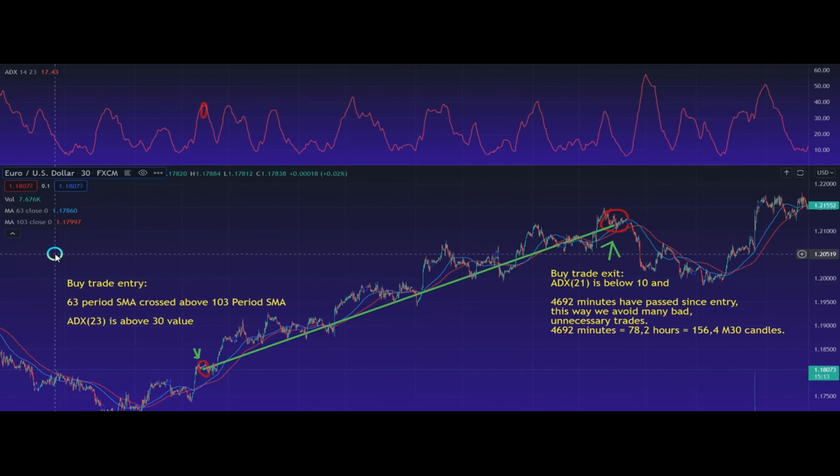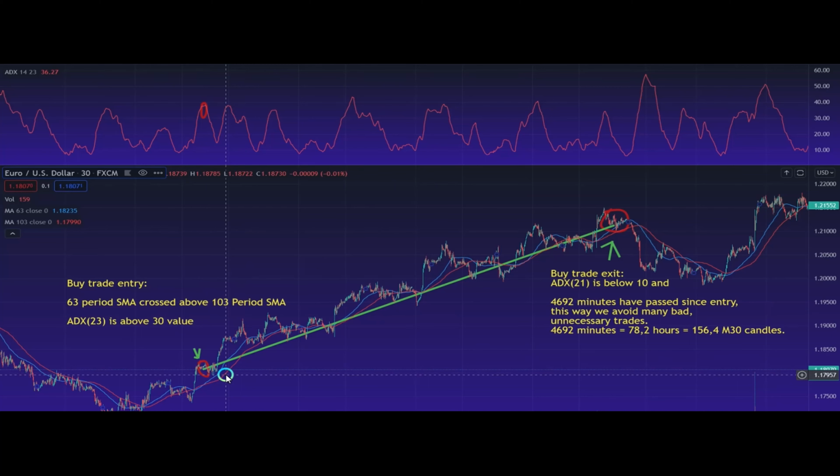So our buy entry is really simple. Basically, we need two simple moving averages. One is a 63 period moving average, that is the blue one on the chart, and one is a 103 period simple moving average, that is the red one on the chart, or some kind of red.